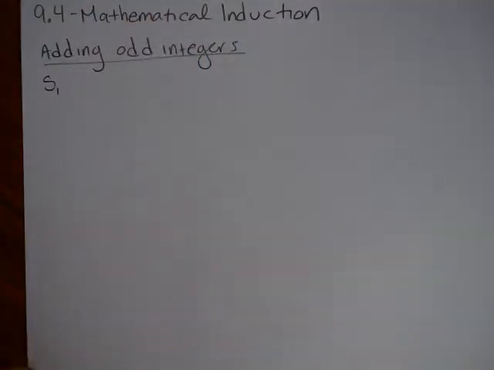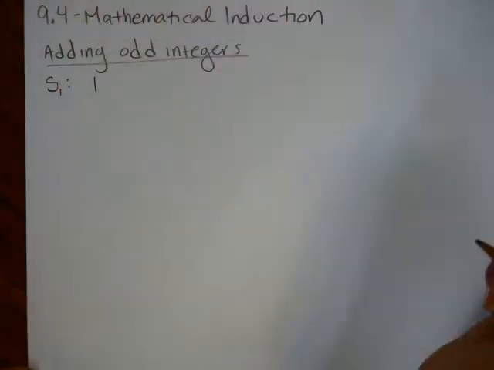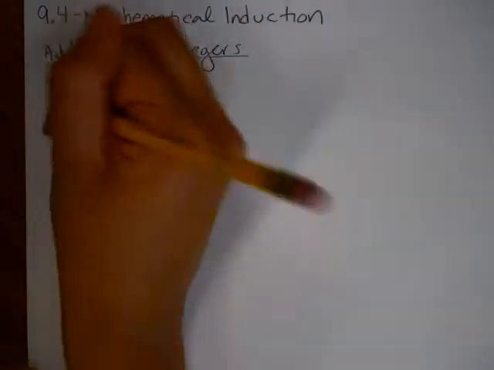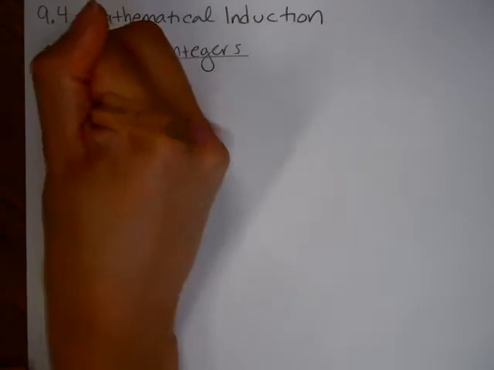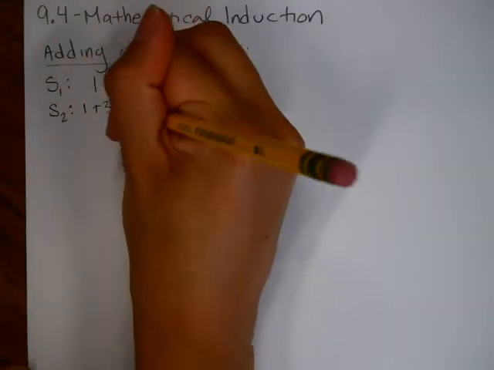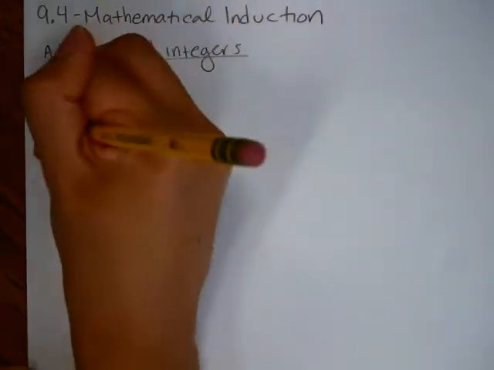So what would the sum be of the first odd integer? Well, the first odd integer is just 1, so if we add that up, we end up with 1. The sum of the first two, 1 plus 3, is 4.